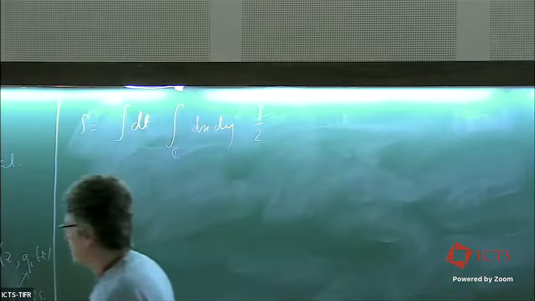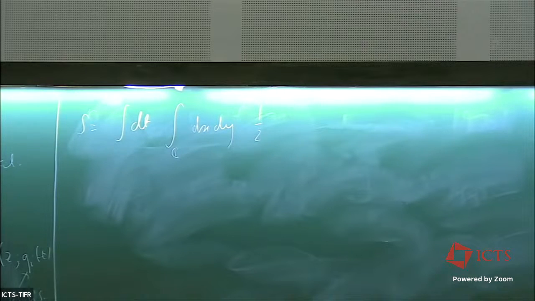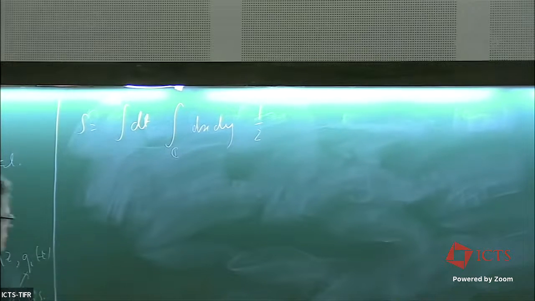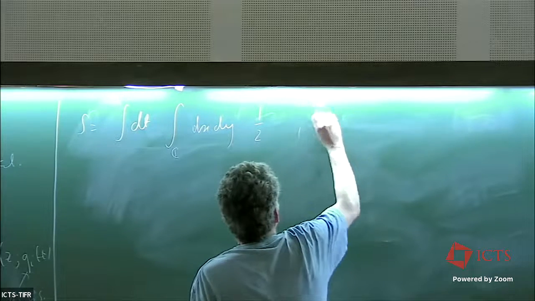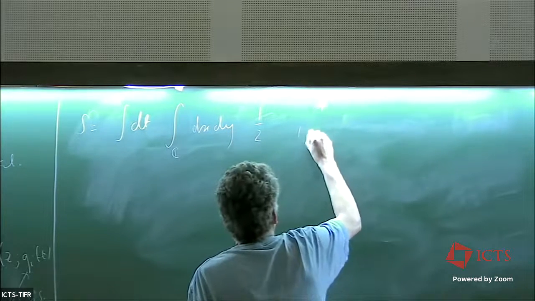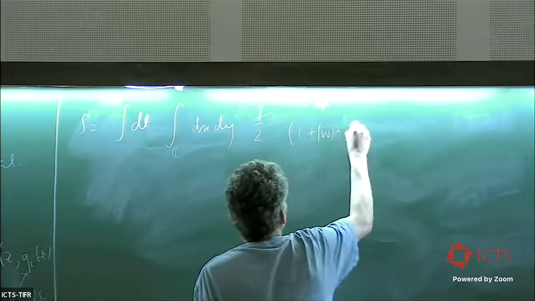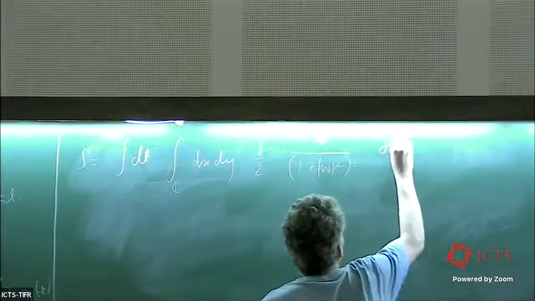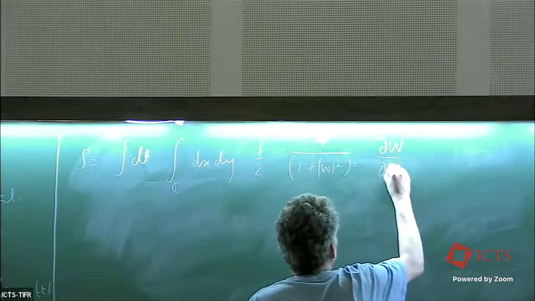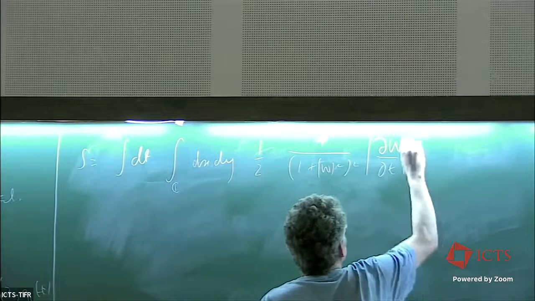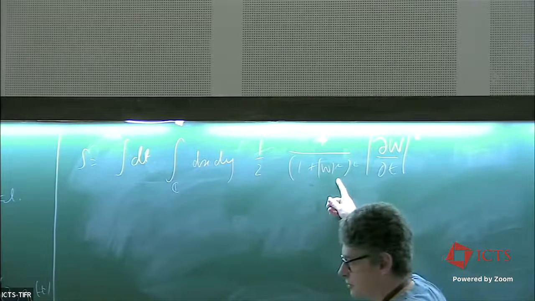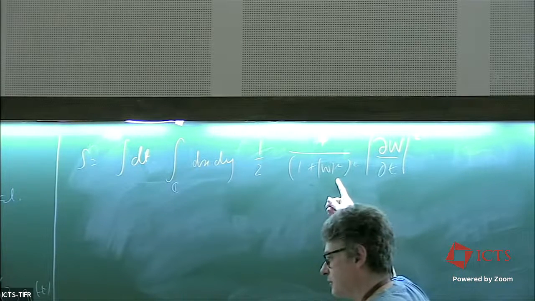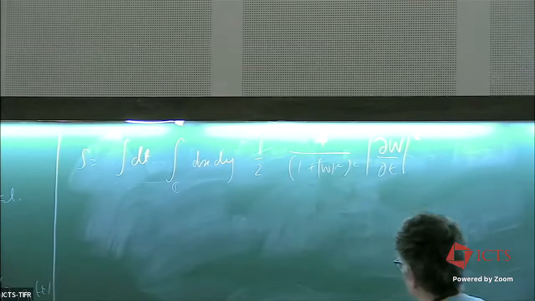I want to take the time derivative of that and take its length squared with respect to the usual metric on the two-sphere. So what's that? Well, it's the same as 4 over 1 plus W squared all squared, dW by dt squared. That's just using the usual expression for the round metric on the two-sphere written in stereographic coordinates.